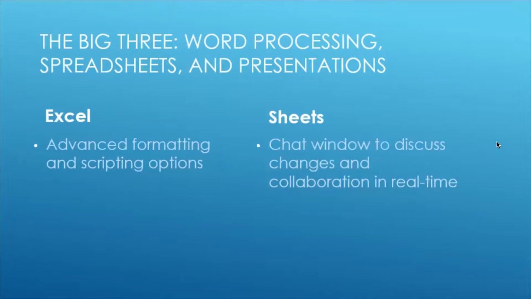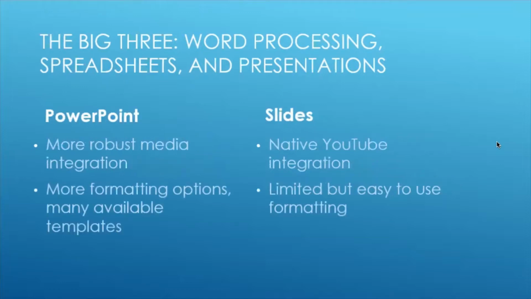So Sheets is definitely for simple data collaboration, whereas Excel is where you're going to get all those other nice integrated features and options. Going on to the third one, PowerPoint versus Slides.